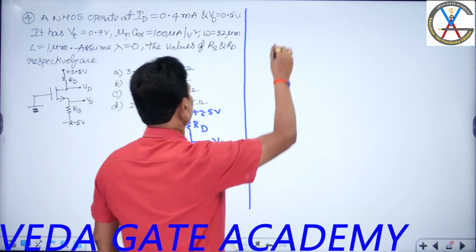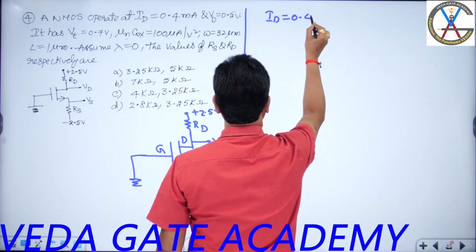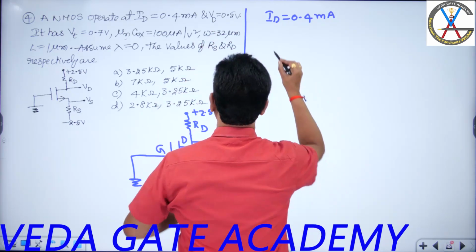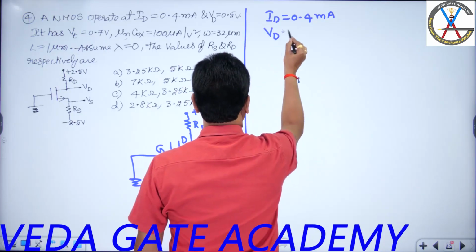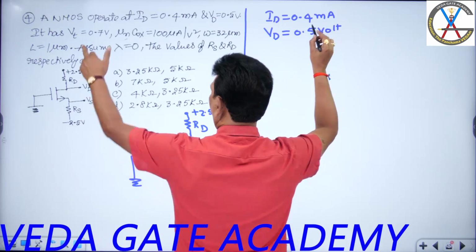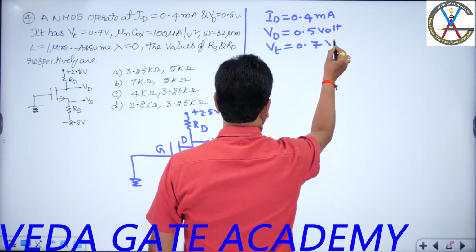So ID is given, sir, 0.4 milliampere, and VD is given, 0.5 volt. Drain potential is given. VT is 0.7, sir. Threshold voltage is 0.7 volt.